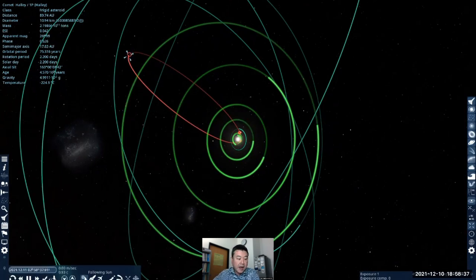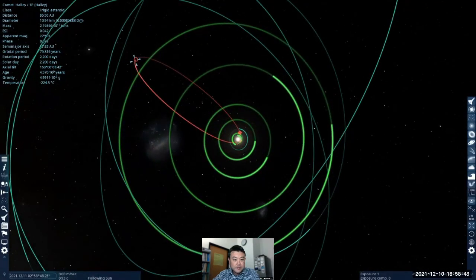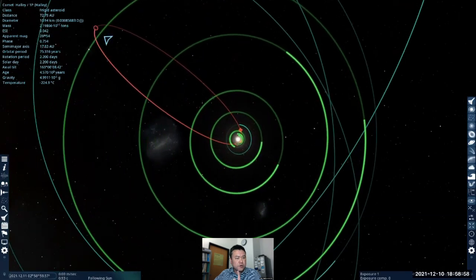It's like a halfway point between its two sightings. We can calculate where it should be, but the core of the comet is so small that even with the most powerful telescope, we shouldn't be able to see it. But that's where it should be based on its known orbital characteristics.